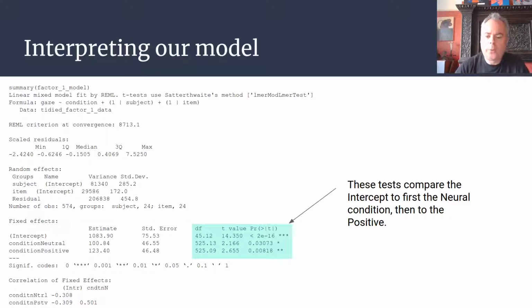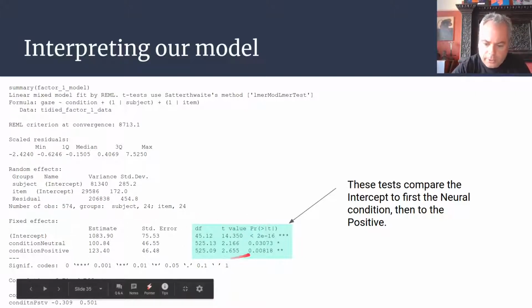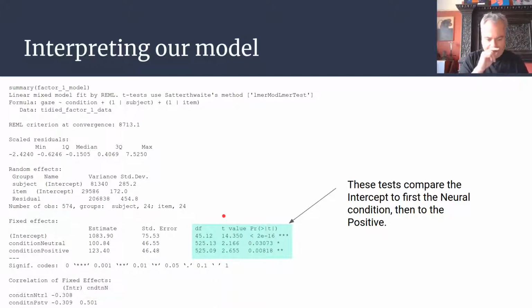So we can ask for the output of our model. We can use the summary function to get the output. We're given information about the random effects term here. So we see in this case more variability in subjects than in items. But this is the critical bit that we're interested in. The intercept corresponds to the negative condition. It's 1083.